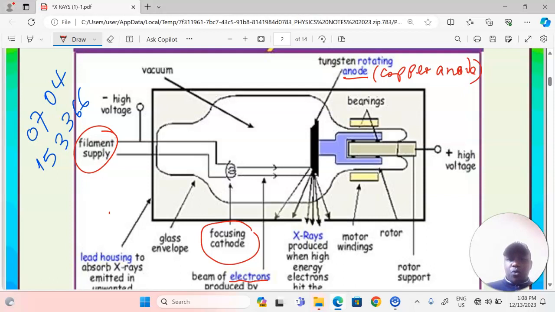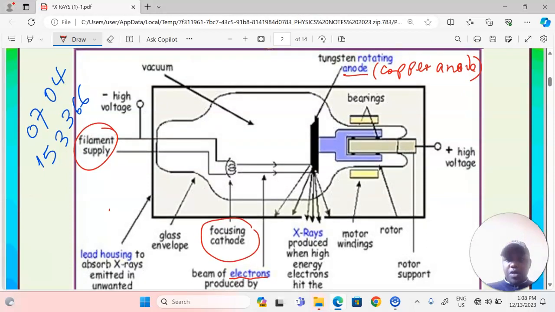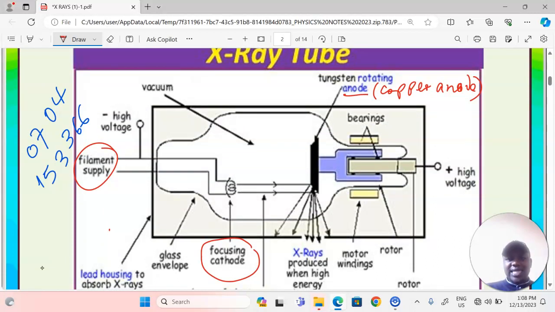And now, once the beam of fast moving electrons hits the target, the copper anode has a target which is made of a material called tungsten. Once they hit the tungsten target, the energy is converted, and part of it becomes heat energy at the anode, and a small percentage, which is 0.5% of the energy of the moving electrons, becomes X-rays.